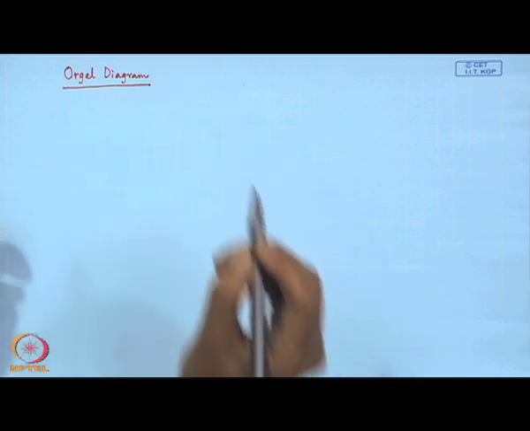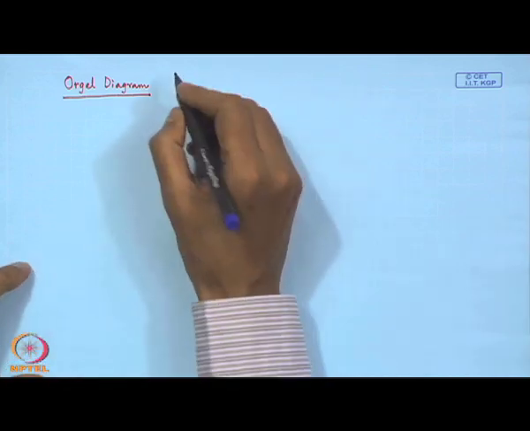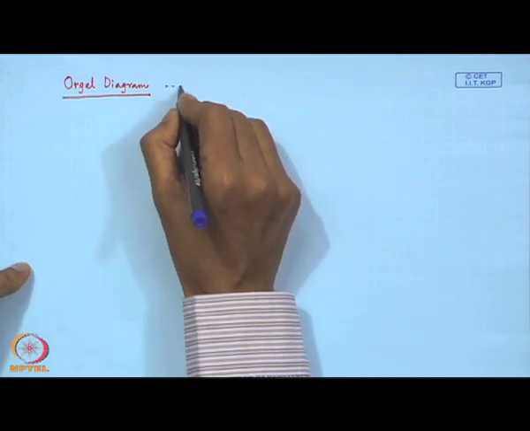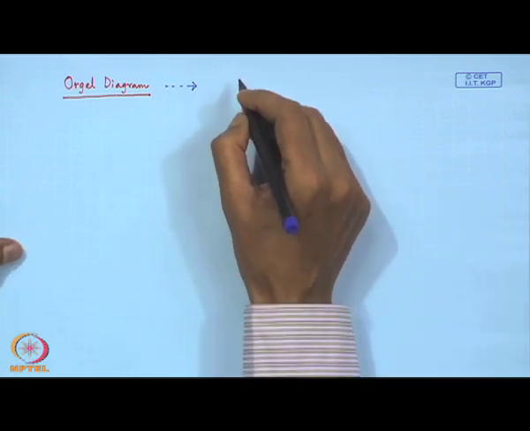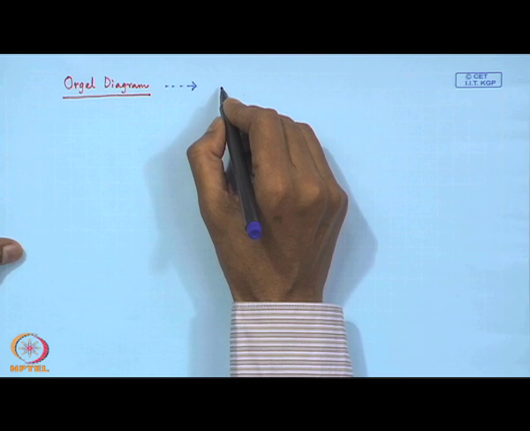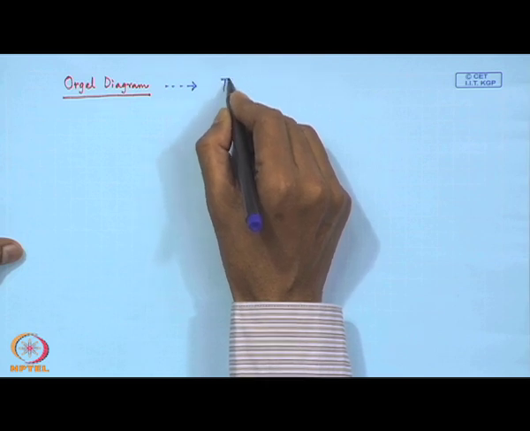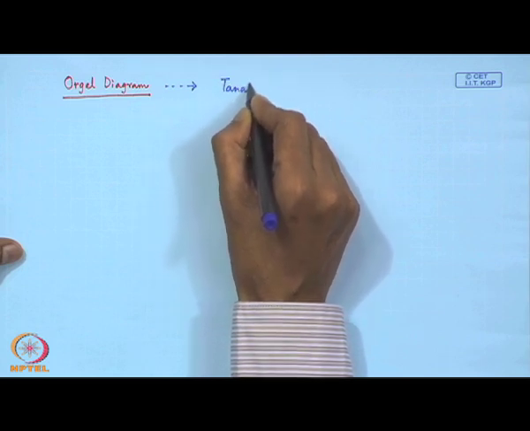Next we will proceed towards the goal where we will find how the Orgel diagram can give us some information to draw another correlation diagram, which is the Tanabe-Sugano diagram.